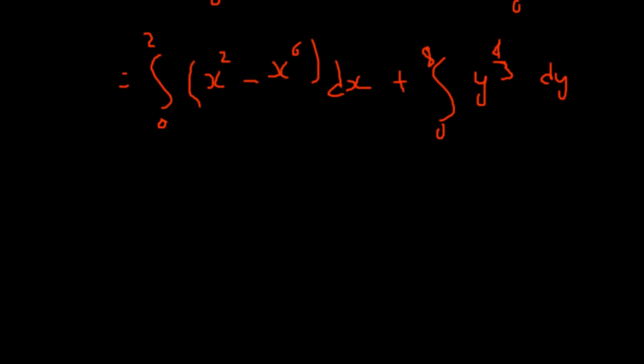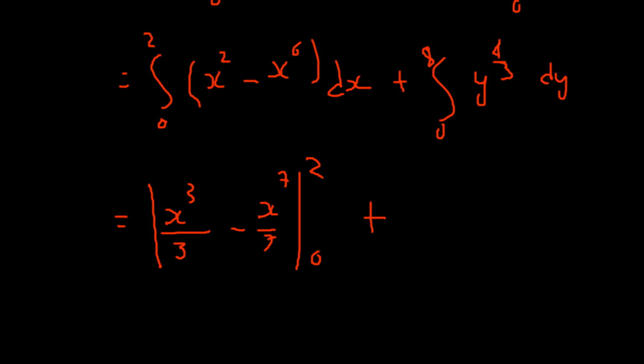And now let's integrate it. When integrating this, it will become x to the power 3 by 3 minus x to the power 7 by 7, and the limits will be 0 to 2. And this integration will become 3 by 7 y to the power 7 by 3, and the limits are 0 to 8.